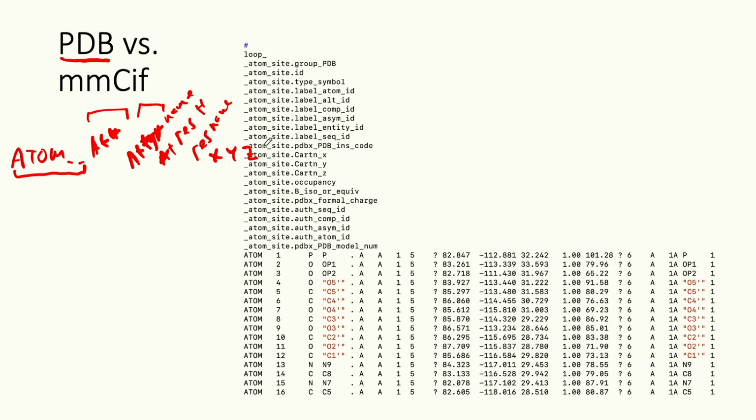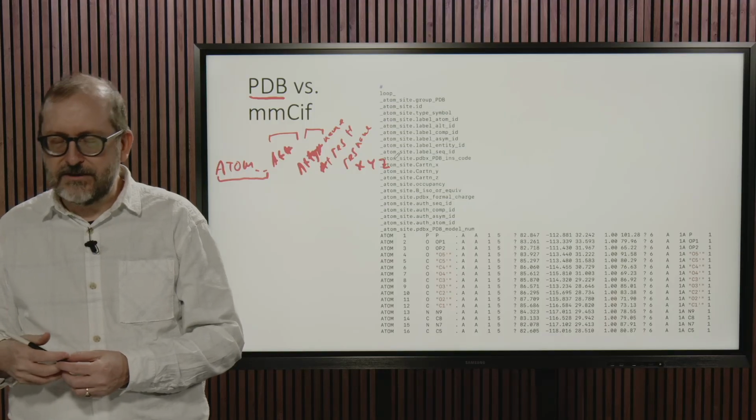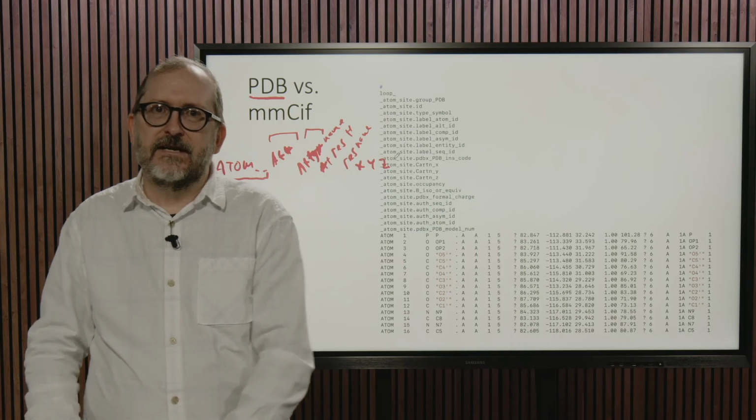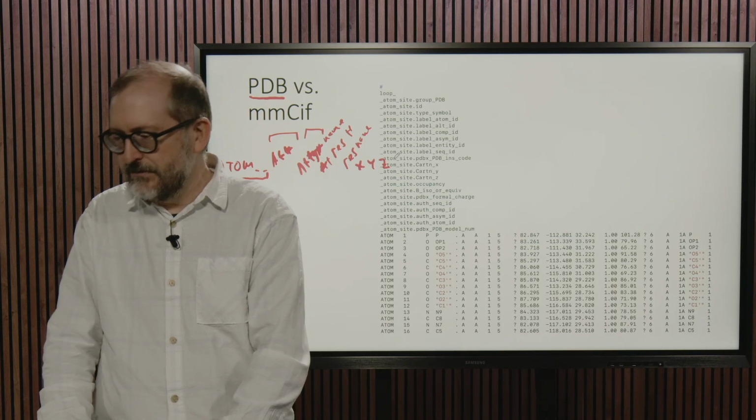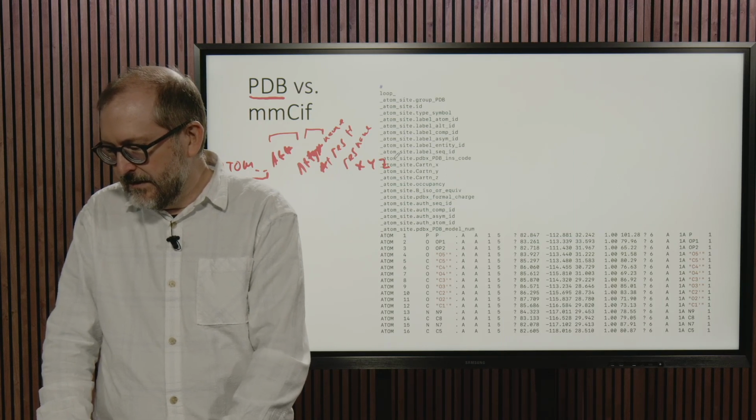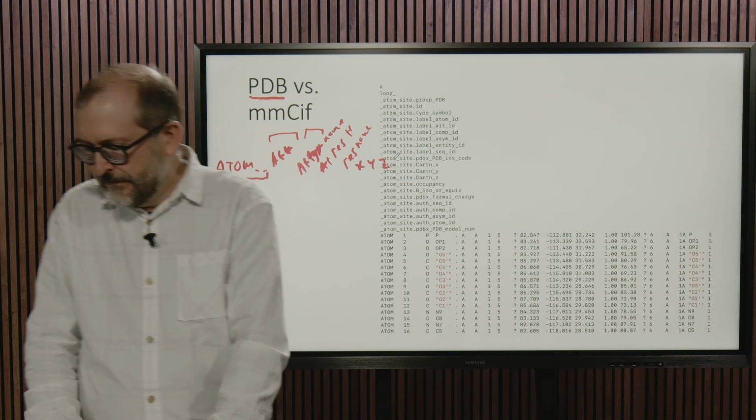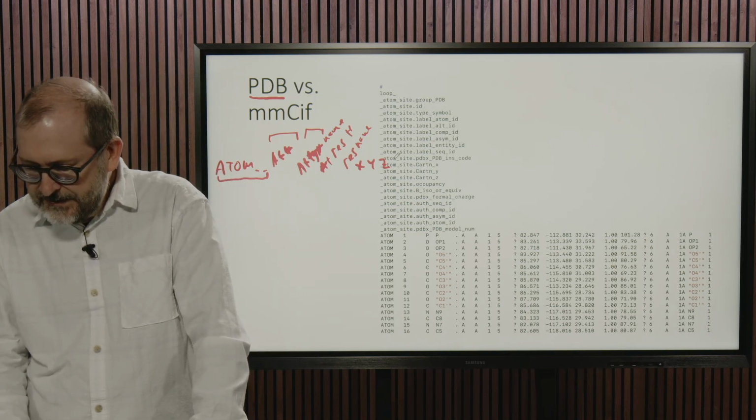But the limitation of this was not apparent early on. When the PDB started, we're looking at proteins that maybe look like myoglobin or something like that, where they're all a certain size, maybe a few hundred residues max, and so this format suited that just fine.